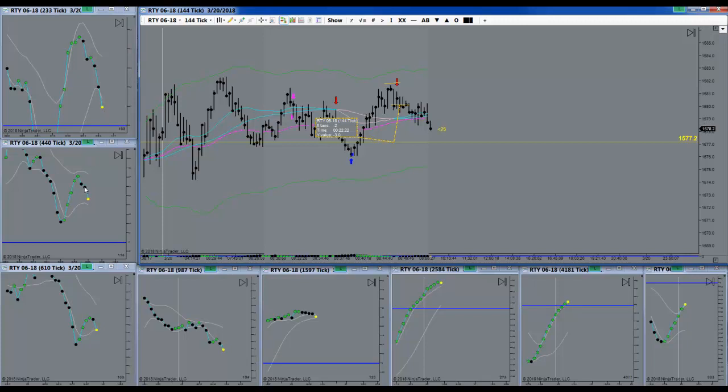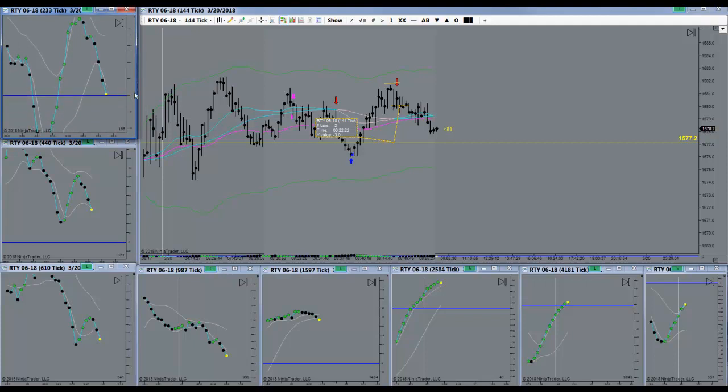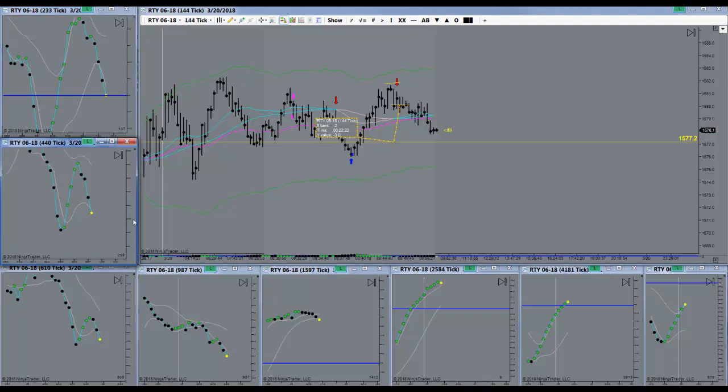If you look at the 440, look at the distance between the previous and the current. A lot of power down. It should hit target without any problem. And once again, a couple BBs later, still have the same velocity.